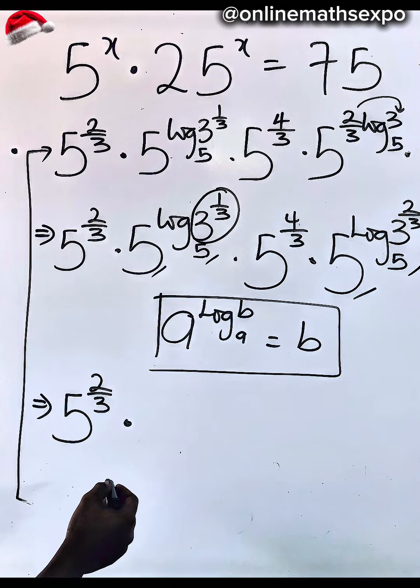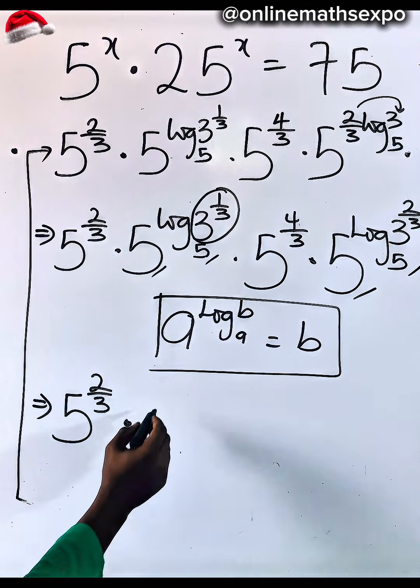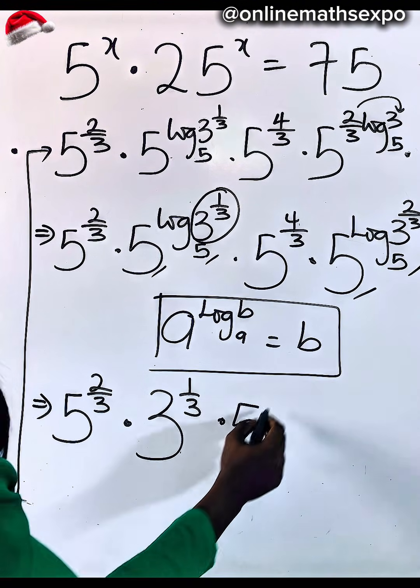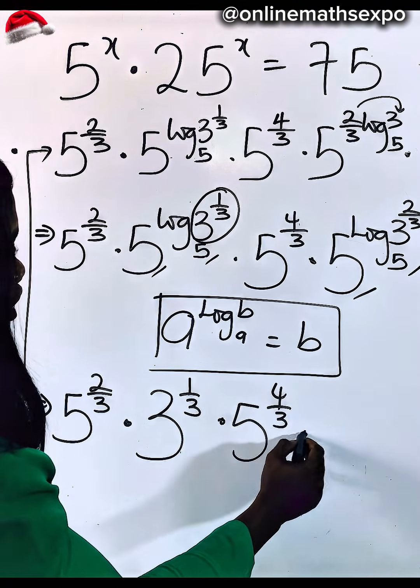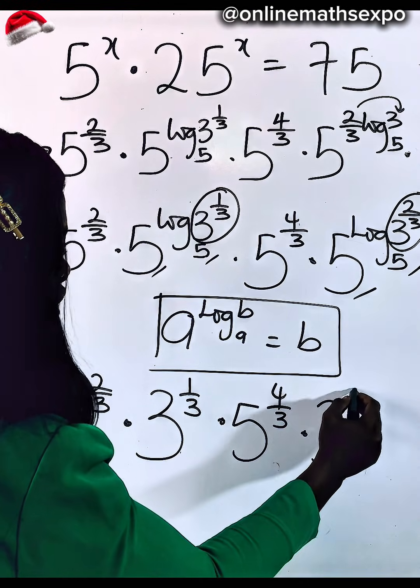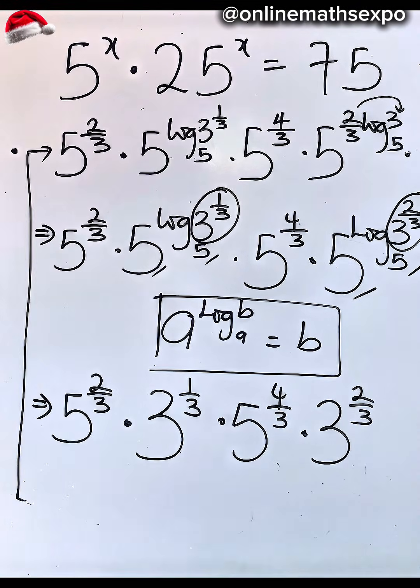So we're going to have 3 to the power of 1/3 multiply 5 to the power of 4/3 multiply, for this is what we have. So we have 3 to the power of 2/3. Now what do you do next?